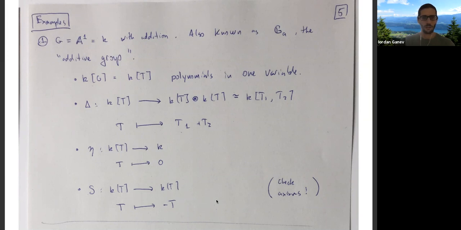I won't go through it, but I encourage you to look back at the axioms for the Hopf algebra. The claim is that these maps give K[T], polynomials in one variable, the structure of a Hopf algebra. To verify this claim, one needs to go through the axioms and check that they're satisfied. That's something you can do.